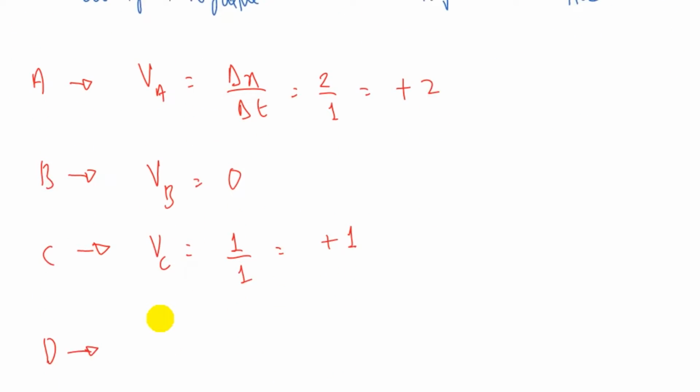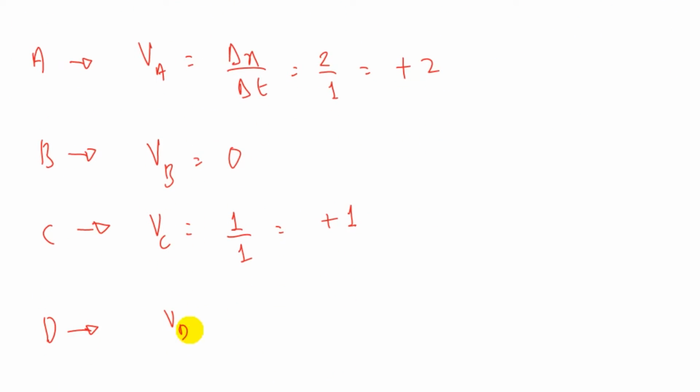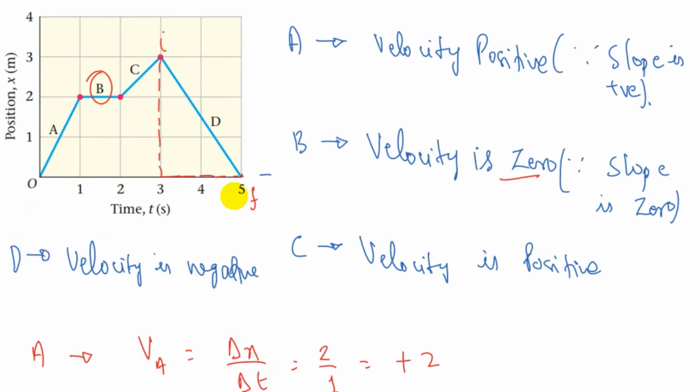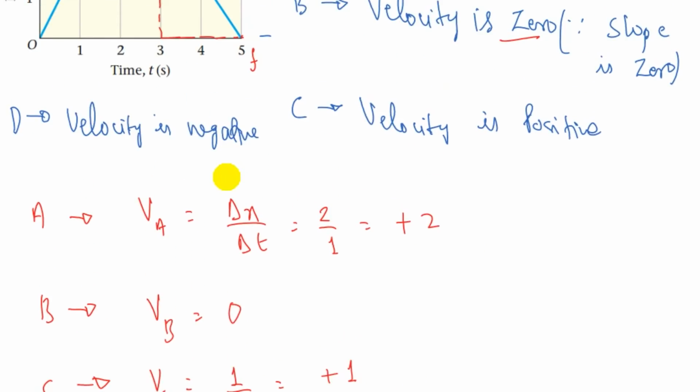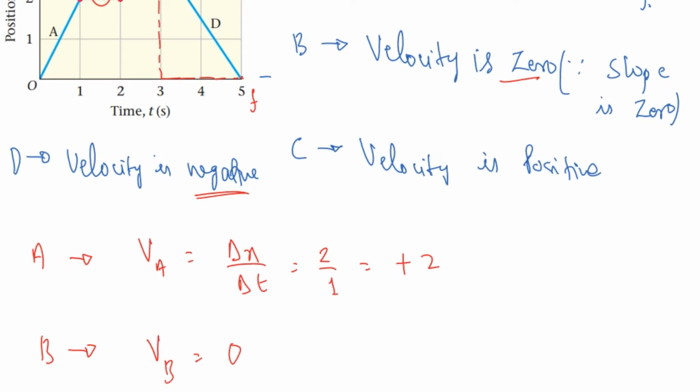So delta x would be 0 minus 3, which is minus 3, divided by delta t. Delta t would be 5 minus 3, because we have to take the final minus the initial value. So 5 minus 3 is 2. That value comes out to be negative 1.5 meters per second. And here the velocity is negative, and the same thing we have indicated here also, that for segment D the velocity is negative.